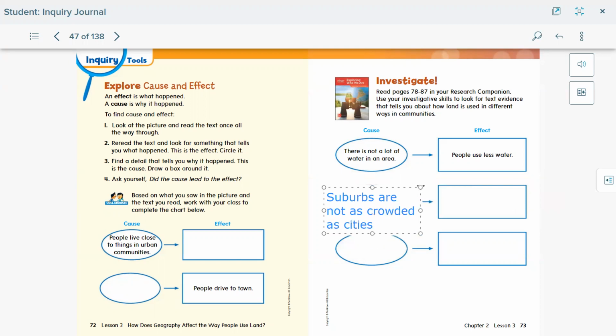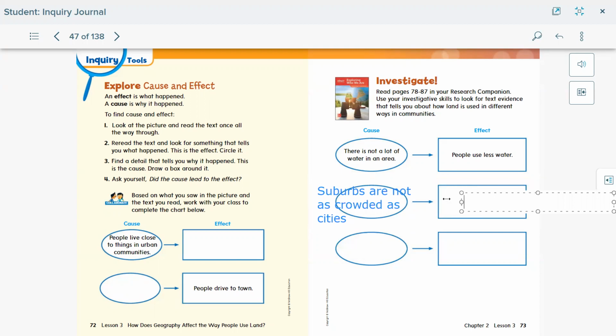And what's the effect of that? There are more parks and open space, of course, for people to enjoy.